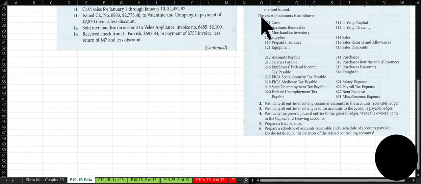Then we move from the assets to the liabilities. A similar system is used here. The first digit tells us that this is a liability, and so it starts with a 2. So any account beginning with a 2 is a liability. However, the second digit, if it's a 1, indicates that it's a current liability.